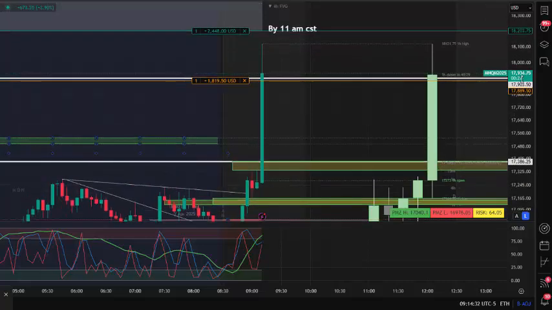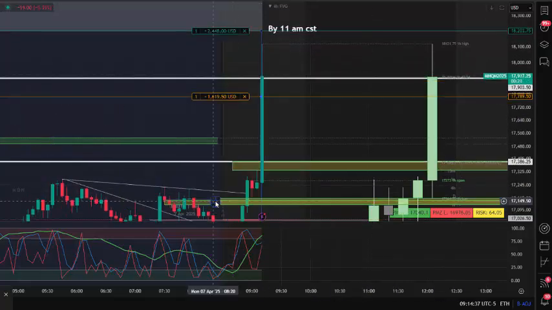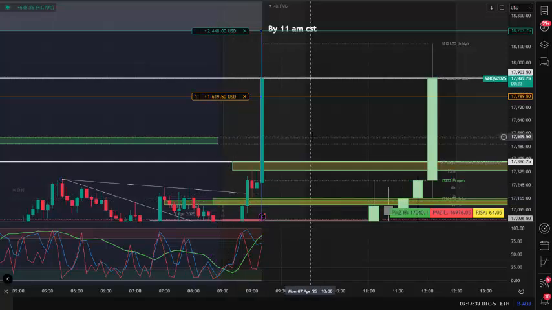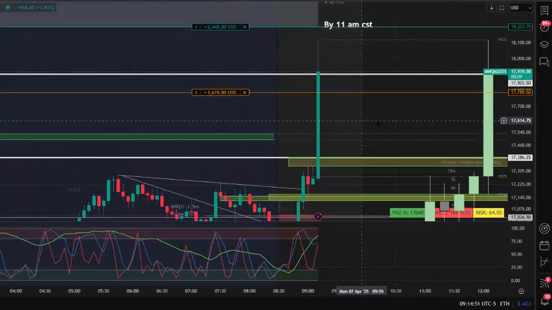You see, I moved the stop up here to try to protect as much as possible. There's that pause right there, that little bit of pause before they crash right through it. So I feel very comfortable. We created a huge gap right here.